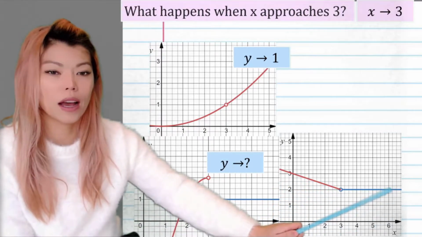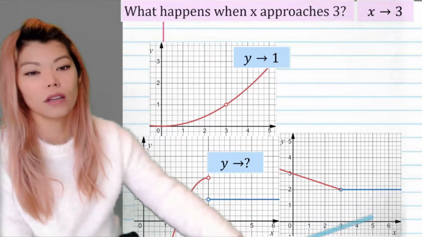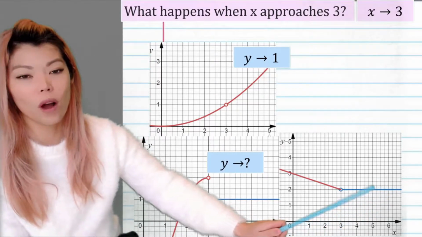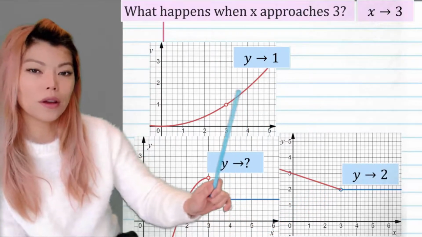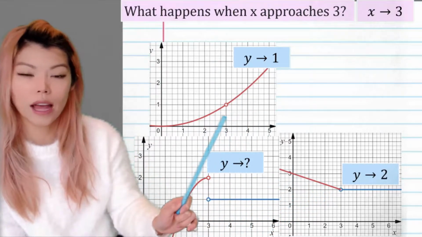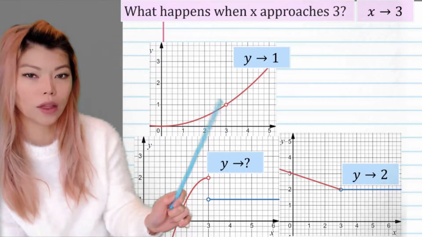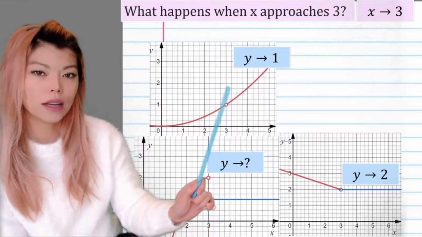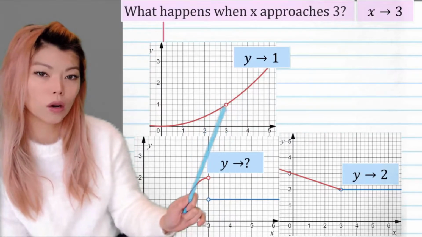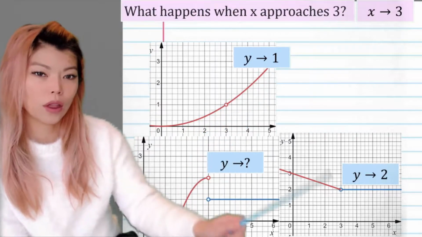And from the right side, as x approaches 3, so 6, 5, 4, 3, then the y value is going to be 2. So even though these two graphs don't actually have a coordinate or a point at 3, we can see that the y value is approaching or getting close to that value there.